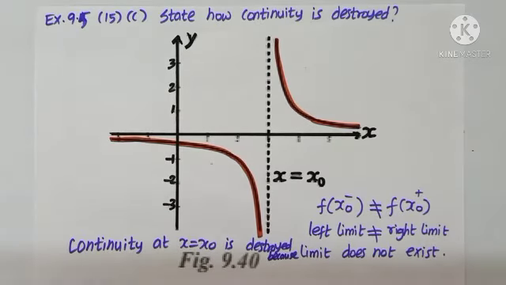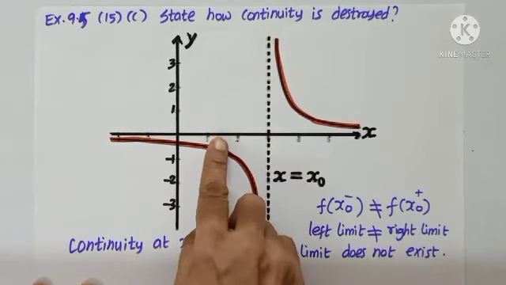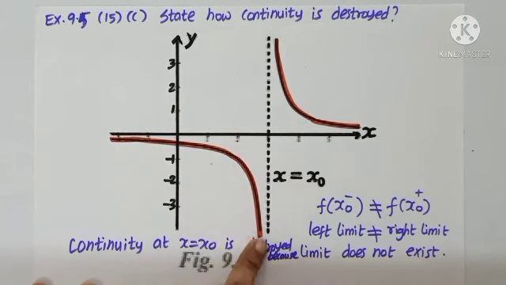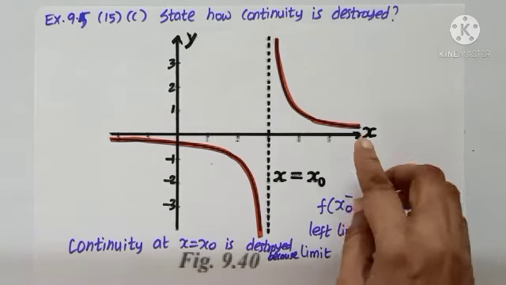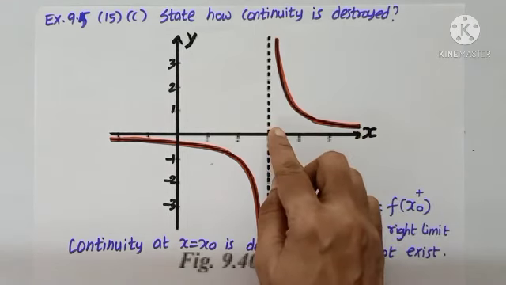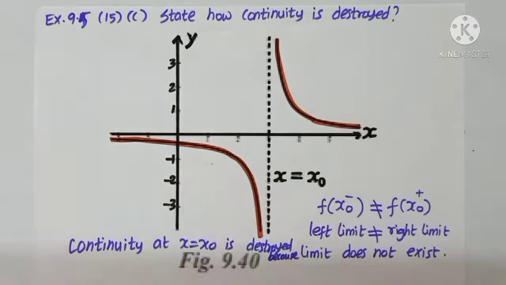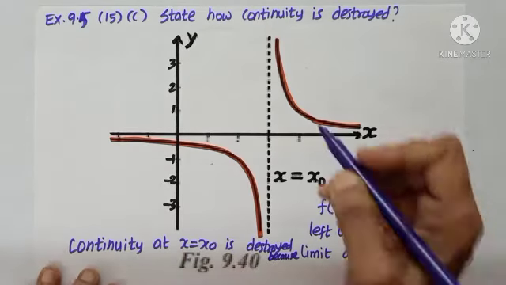C part, here again we are given a curve like this. This is x is equal to x naught. As I approach x naught from the left, we have the left limit here, which is minus infinity. And as x approaches from the right, we have the right limit here, which is plus infinity.